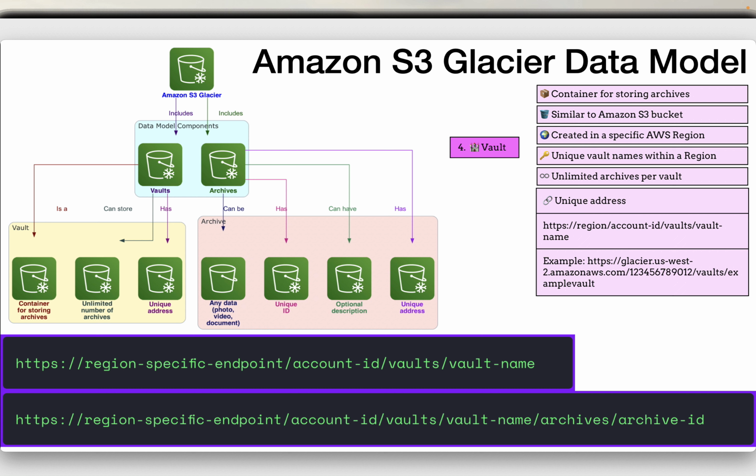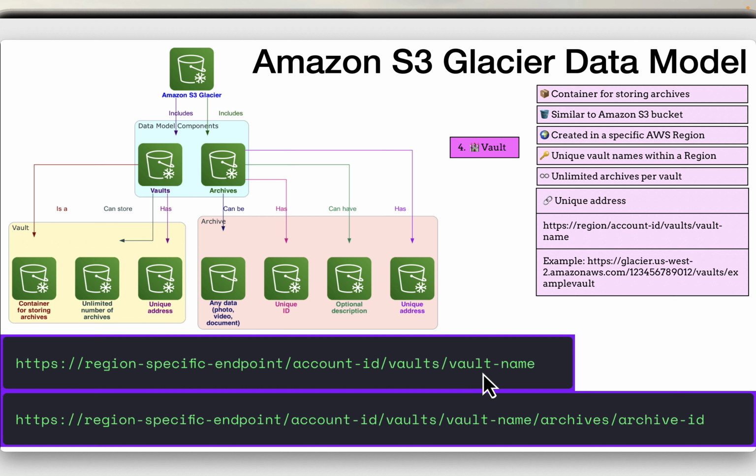Each vault resource has a unique address. The general form looks something like this. So HTTPS, region specific, so it can be us-east-1, and then endpoint / account ID. So it will be a region specific endpoint, let's say glacier.us-west-2.amazonaws.com, then the endpoint / account ID. This is a 12-digit account ID number, followed by vaults and the unique vault name that you have created.